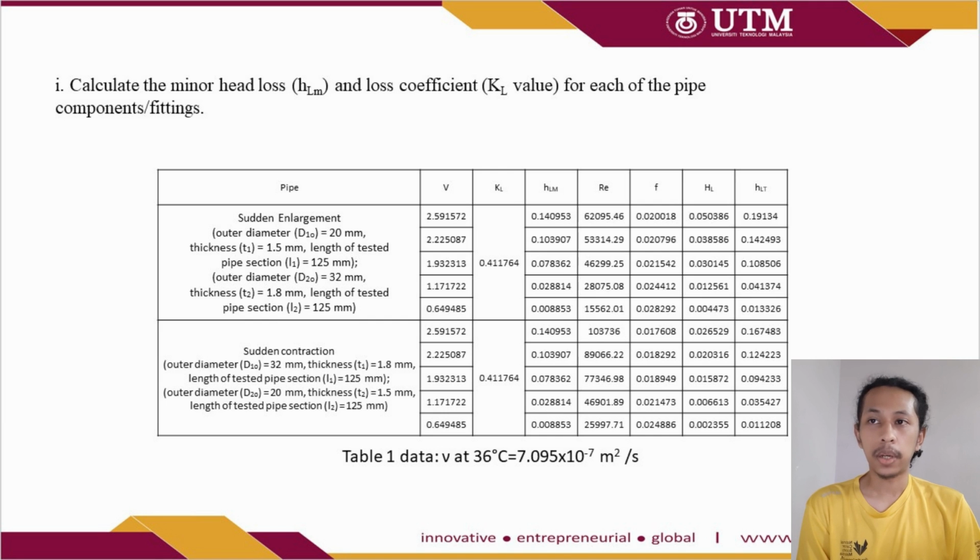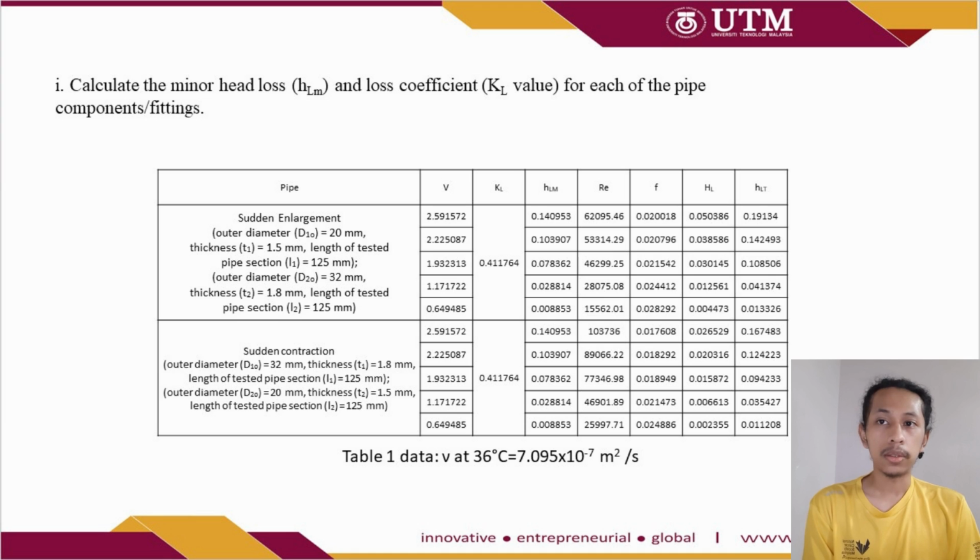For discussion part 1, we are asked to calculate the minor head loss, HLM, and the loss coefficient, KL value, for each of the pipe components and fittings. For the sudden enlargement and the sudden contraction, first we can find V, the velocity, from the equation V equals 4Q over pi di squared.